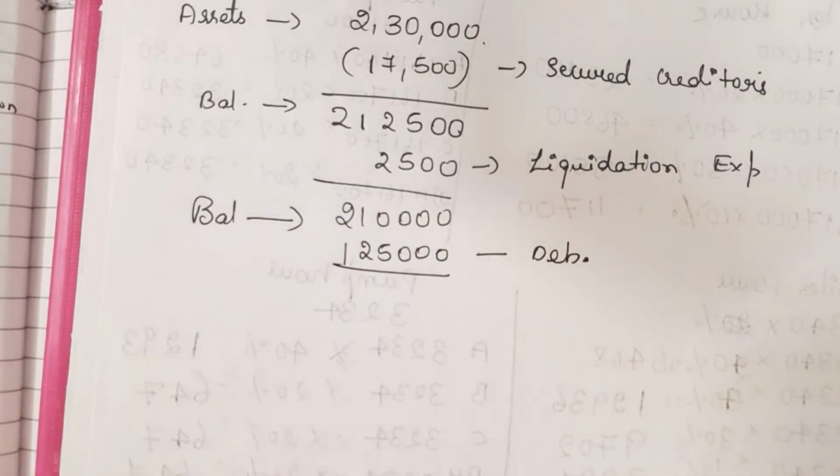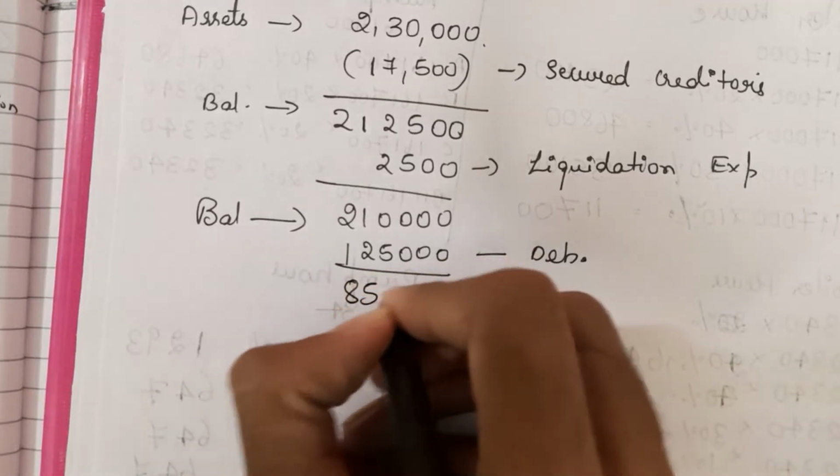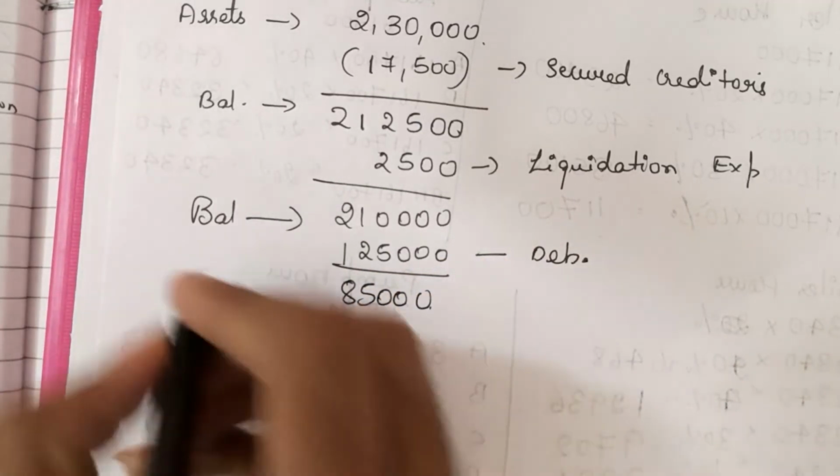If we minus 2,10,000 minus 1,25,000, we have 85,000 balance in our hand.